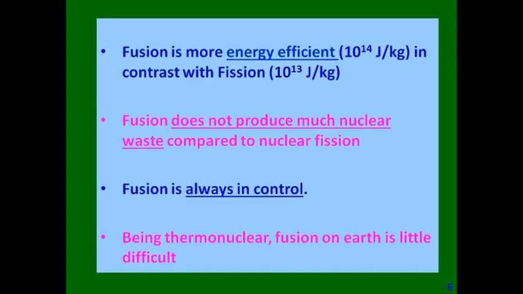If you are using 2 hydrogen atoms or 3-4 hydrogen atoms, it's a matter of 2 or 4 units of mass, and from that you are generating 24 MeV. So if you are calculating the energy per kilogram, fusion is generating 10 raised to 14 joule per kilogram, and fission will be generating 10 raised to 13 joule per kilogram. So there is a factor of 10 difference, and fusion is more energy efficient.